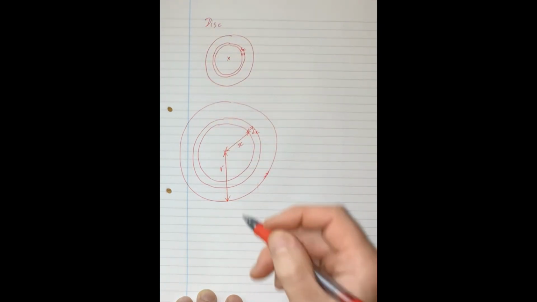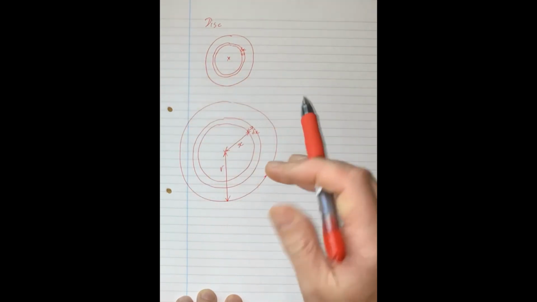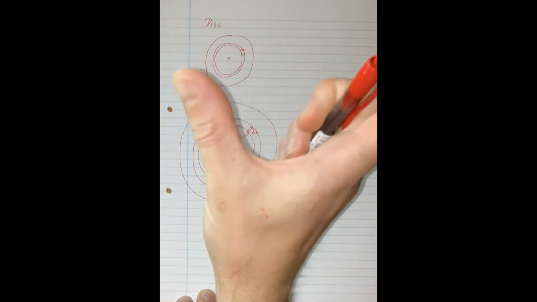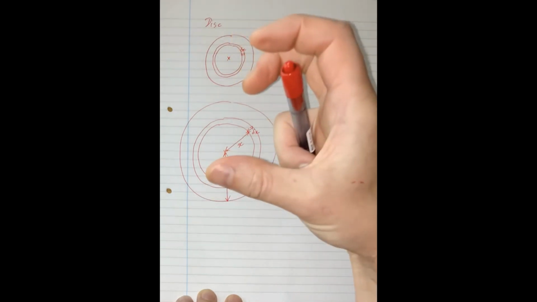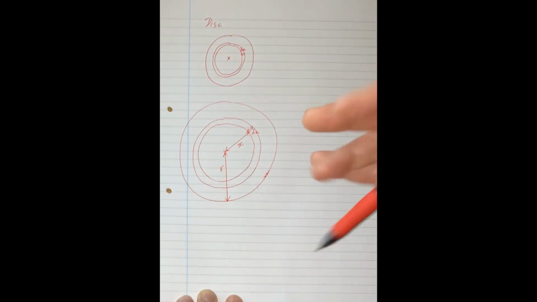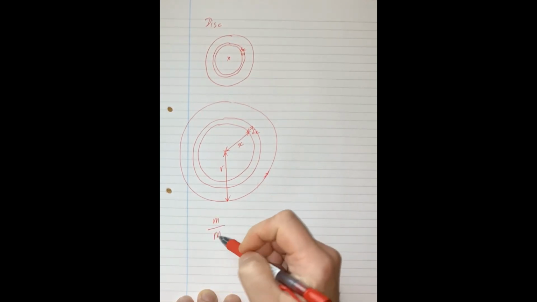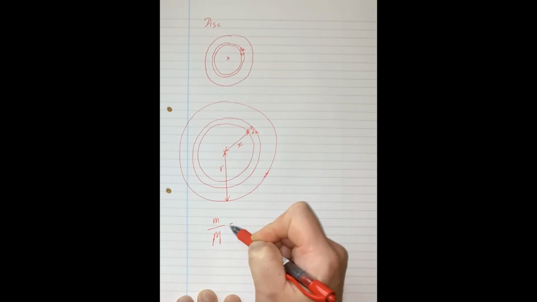We're doing something similar to the rod, except the rod was in one dimension, like a length. We were comparing little m to big M with the small x to the length, and now we can compare the area of the ring to the area of the disc, and that will give us the same ratio as the mass of the ring to the mass of the disc.